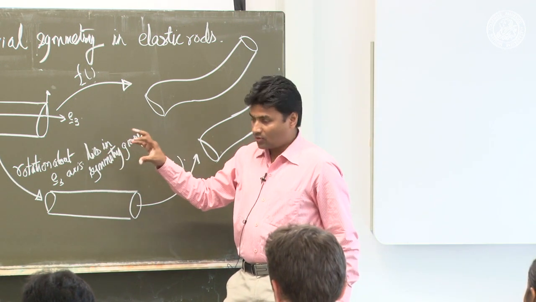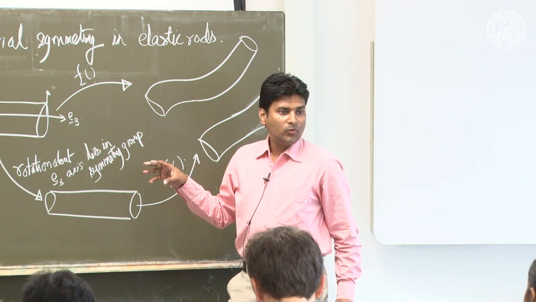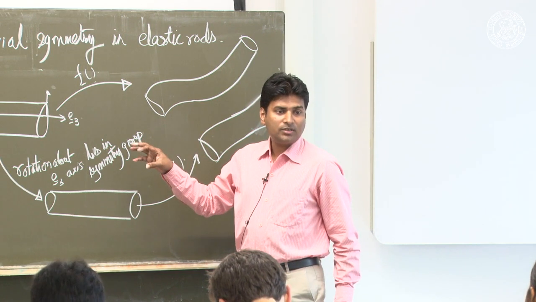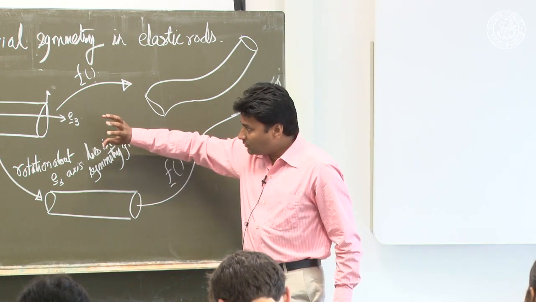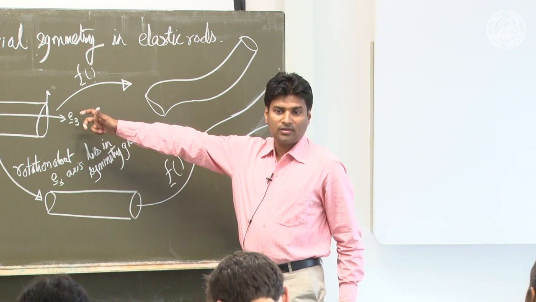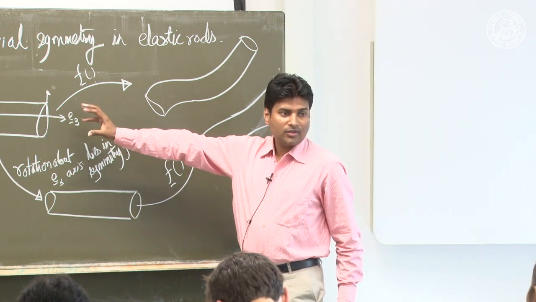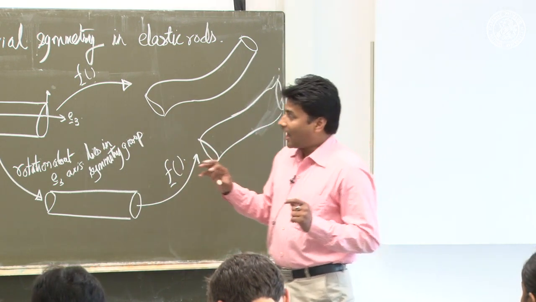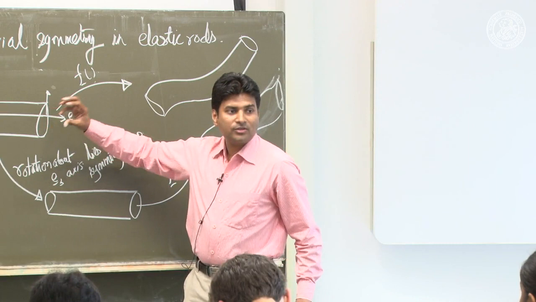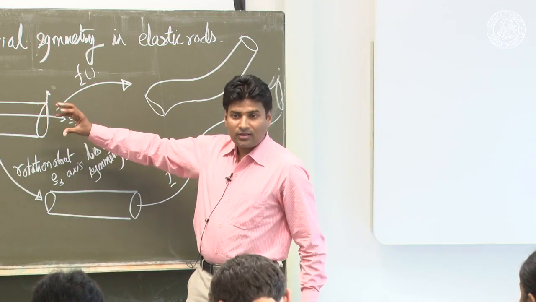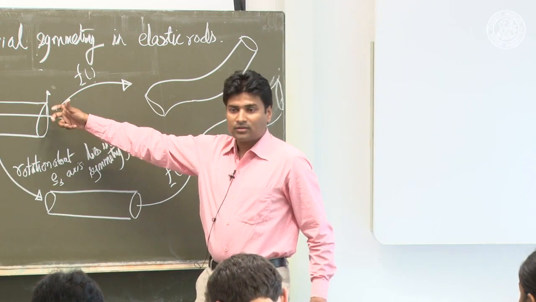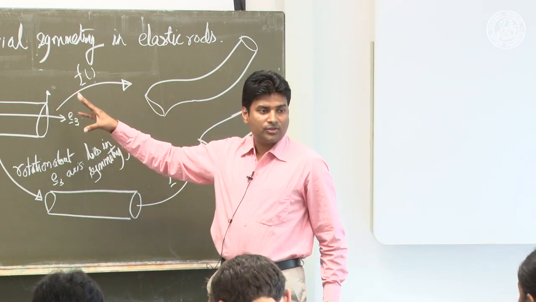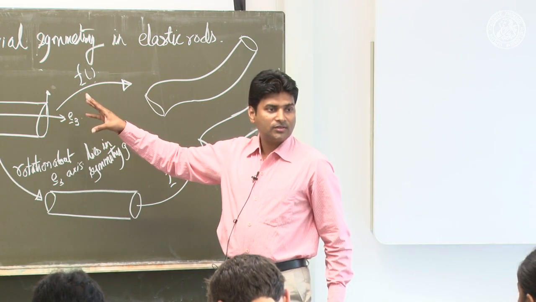So in case of rods, when we talk about symmetry group, we have to take care of both the local material symmetry as well as the symmetry from the point of view of geometry. Okay? One example would be if you have an isotropic circular rod, then certainly any rotation about E3 axis is going to lie in the symmetry group, isn't it?